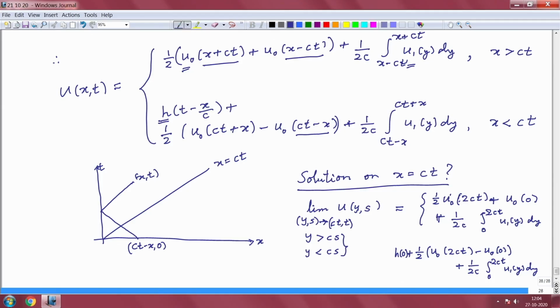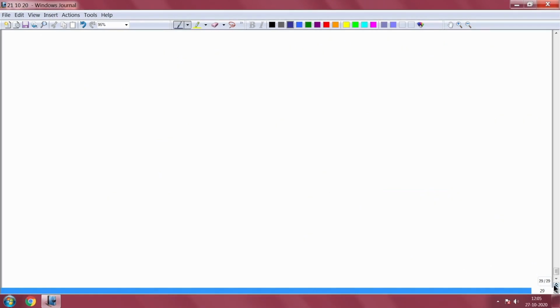So, I calculate this limit of the solution when the point approaches this line from above and from below. So, I get two expressions. So, in order that u is continuous, these should be equal, and that gives us one condition.